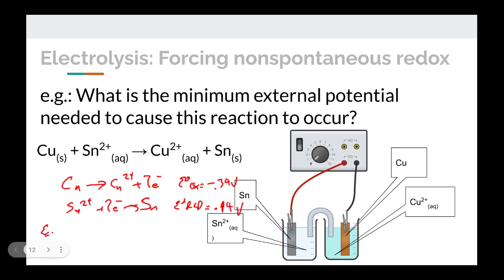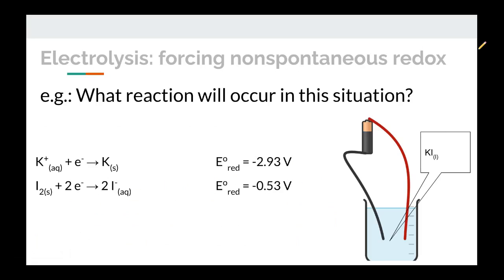So the cell potential is minus 0.34 volts plus 0.14 volts, which is 0.20 volts, but it's negative. So this is a non-spontaneous reaction. Now, if we can provide a voltage that's greater than 0.20 volts, we can force this reaction to occur. Let's look at some more electrolysis situations.